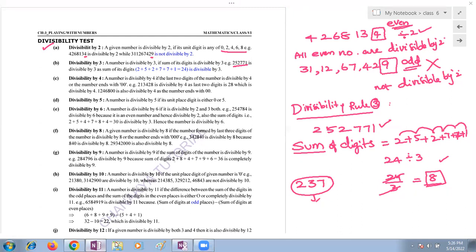Varshit Krishna. Ma'am, shall I answer? Yes, Varshit Krishna, please answer. Okay, ma'am. If we check, 7 plus 3 is 10 and 10 plus 2 is 12. So 12 is divisible by 3. The number is also divisible by 3. Very good.